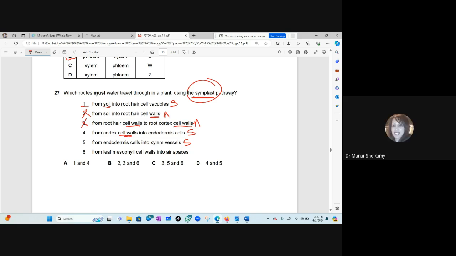Apoplast. Cell walls, air spaces, intercellular spaces, apoplast. Okay. So we want the symplast. So this, in my opinion, will be 1 and 4 and 5.